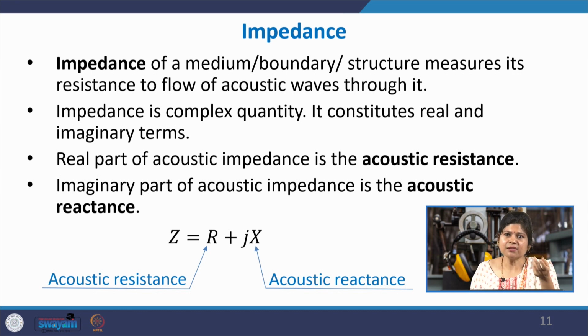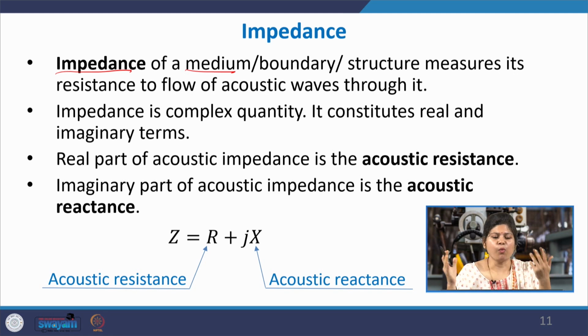And impedance is the complex quantity of that resistance. In the same way, impedance in acoustics can be thought of as the resistance to the flow of sound waves. This impedance could be offered by a medium: suppose you want to know in general what resistance this medium is offering to the flow of sound waves.